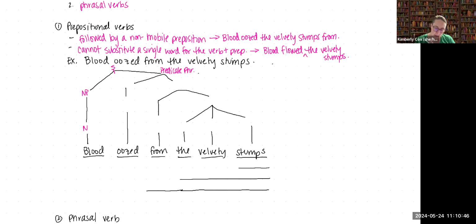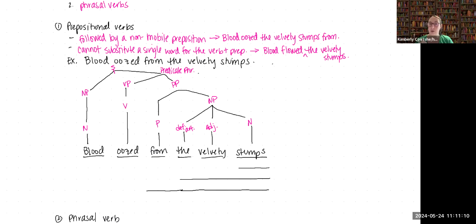Oozed is going to be our verb, so it's our verb phrase. From is a preposition, and if we have a preposition, it means we're going to have a prepositional phrase. The is a definite article. Velvety is an adjective. Stumps is a noun, so we're going to have a noun phrase here. So that tells me all that I need to know in terms of the form.